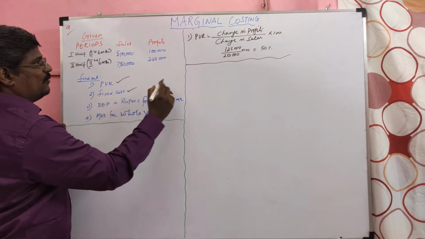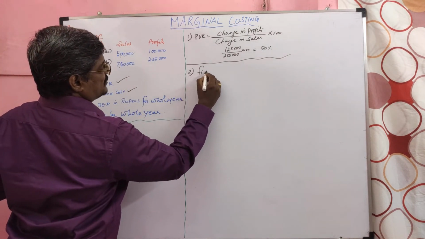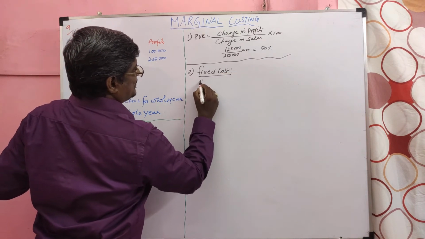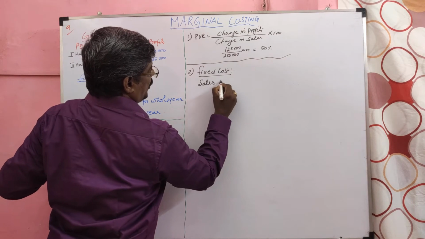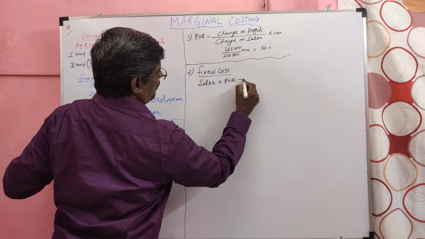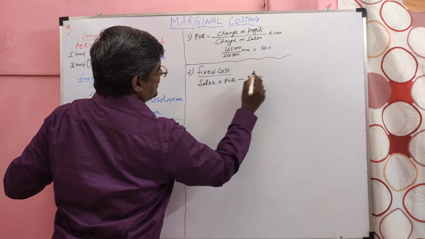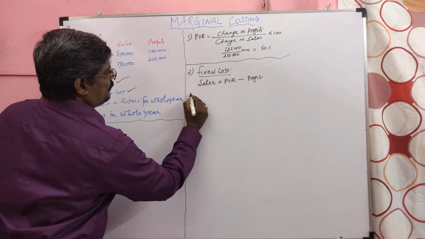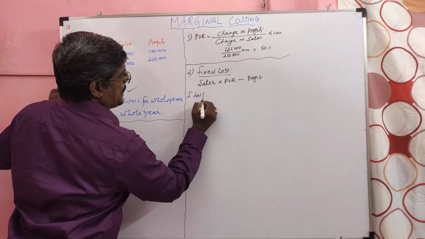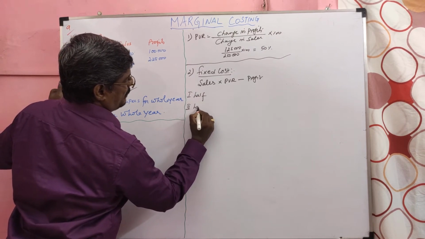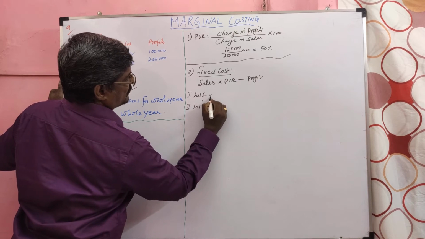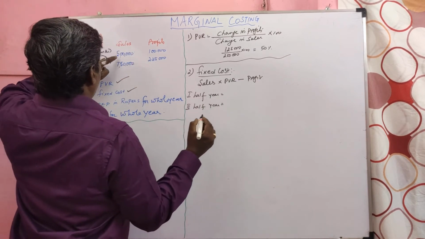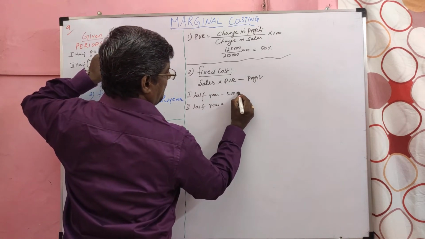Then second one, fixed cost they are asking. Formula sales into PVR, profit volume ratio minus profit. I am repeating, sales into PVR minus profit. If loss is given, you have to add. So first half year, then second half year. First half year sales how much? 5 lakh.